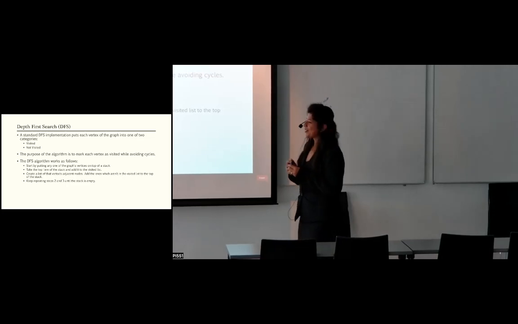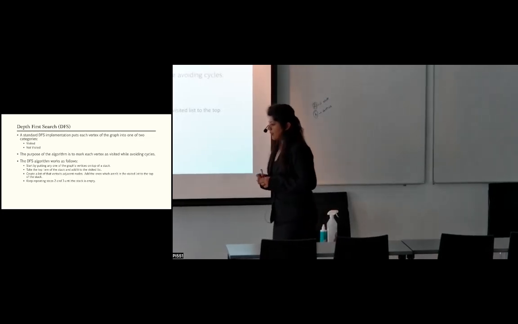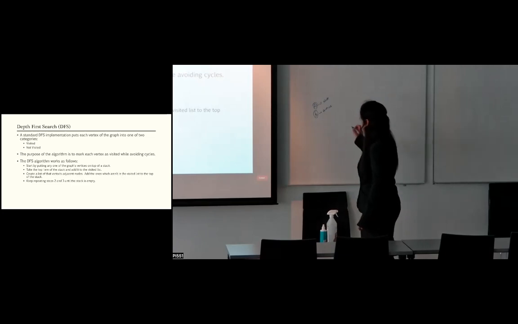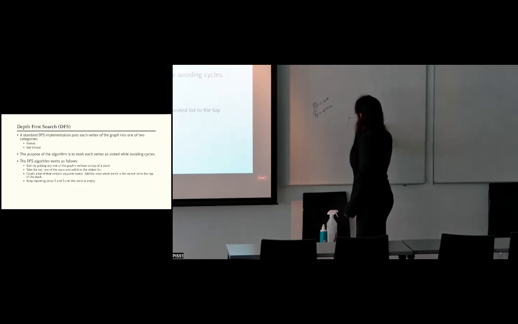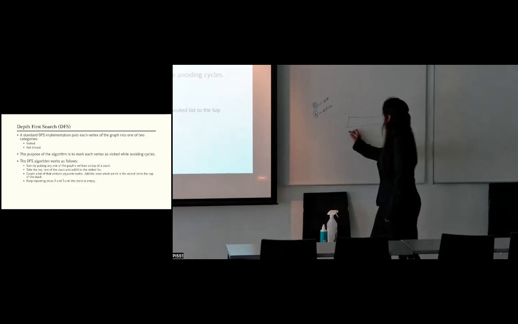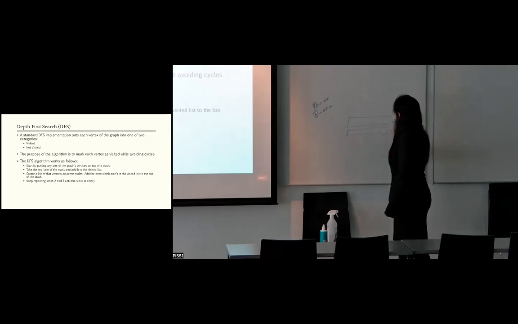So for the graph, we divide the solution plan in two different stacks. The first one is, for example, visited, and the second one is the stack, or not visited.